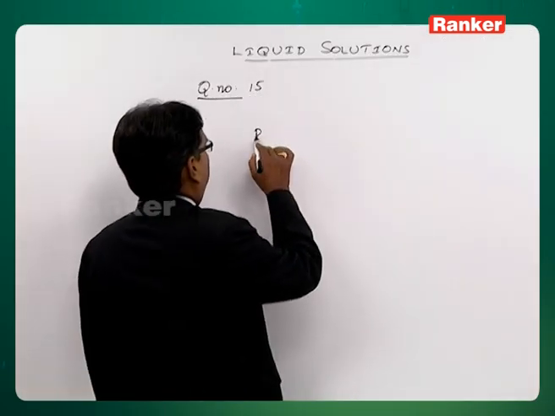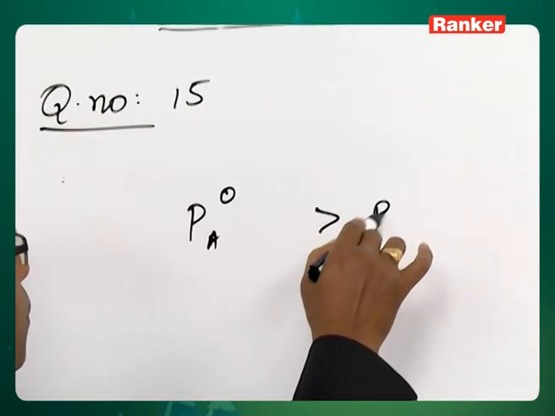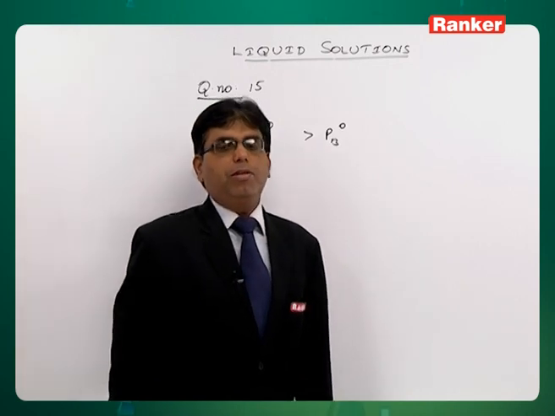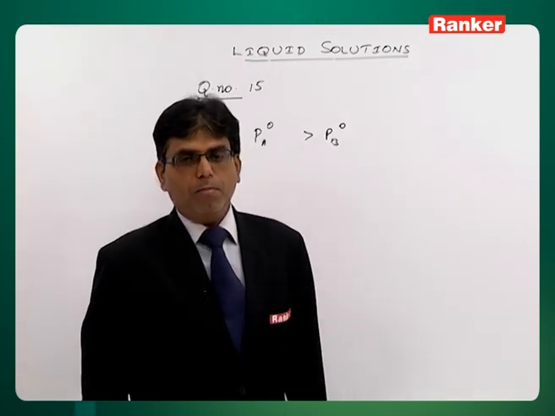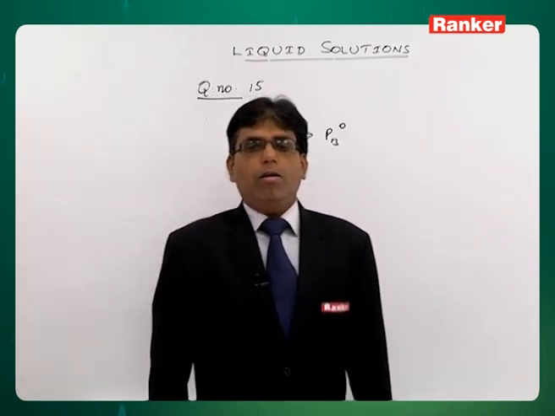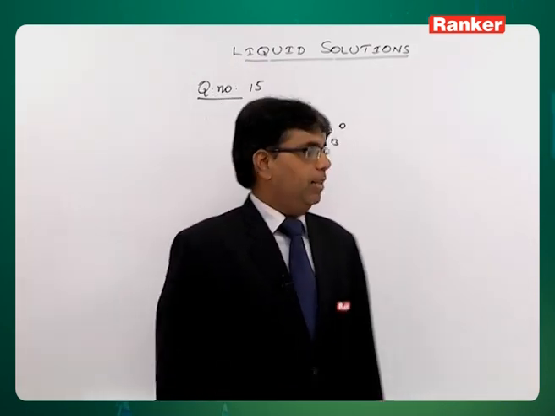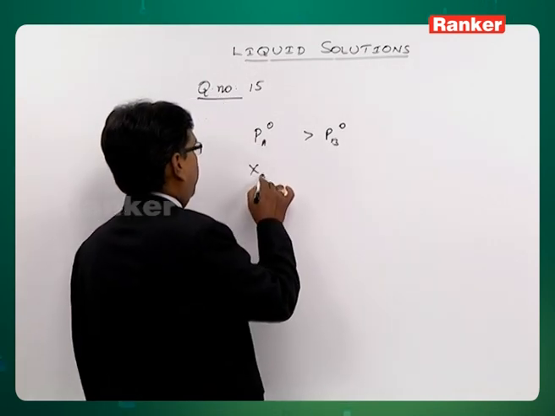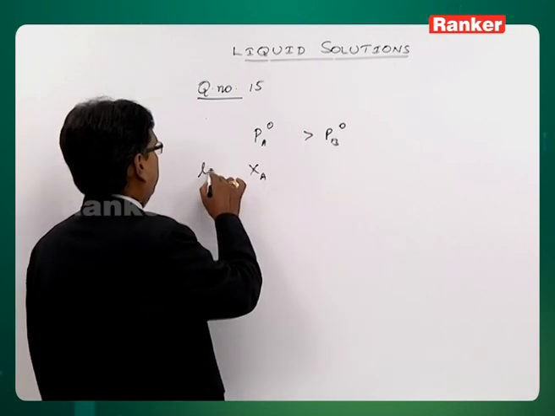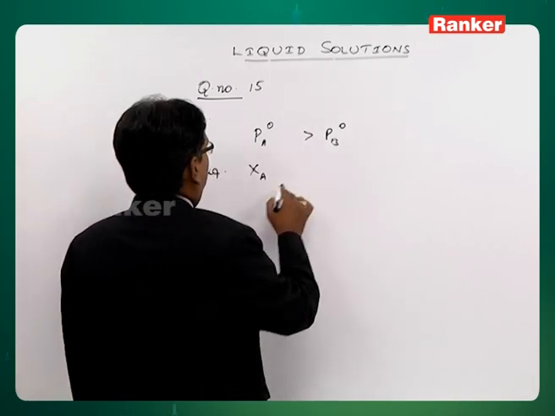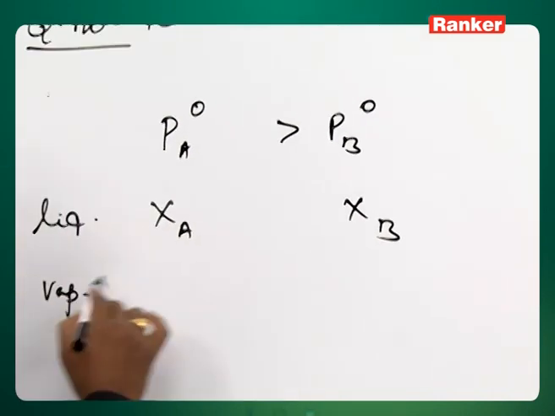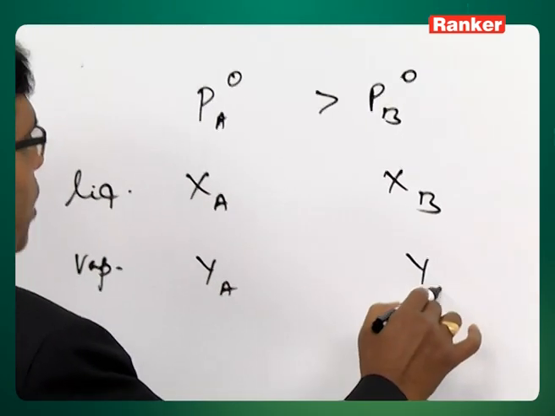Then PA naught is greater than PB naught, means vapor pressure of solvent A is greater than the vapor pressure of solvent B. Then what is the relation between XA, that is mole fraction of A in the liquid phase, and XB, and in vapor phase YA and YB?